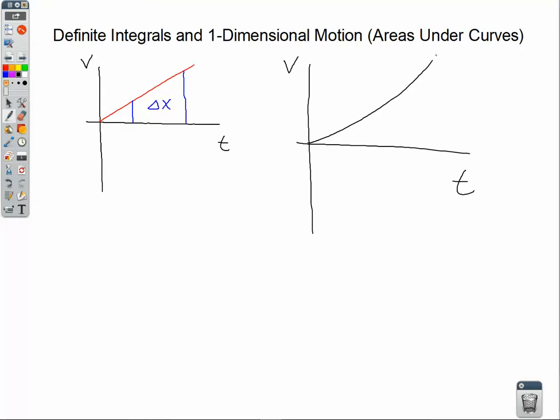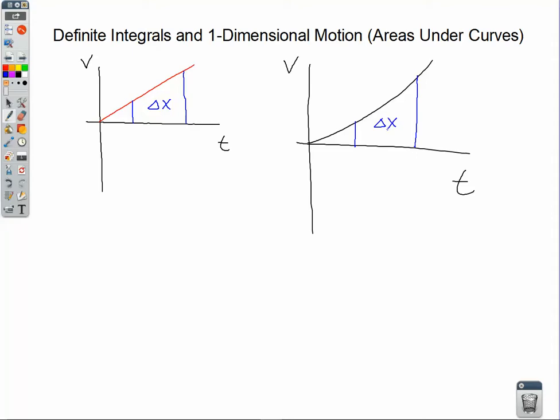We can estimate the area under that curve by doing multiple trapezoids or multiple rectangles. But if we use the antiderivative and the definite integral, we can actually find the exact numerical area between that curve and the horizontal axis to give us the exact displacement over that interval.